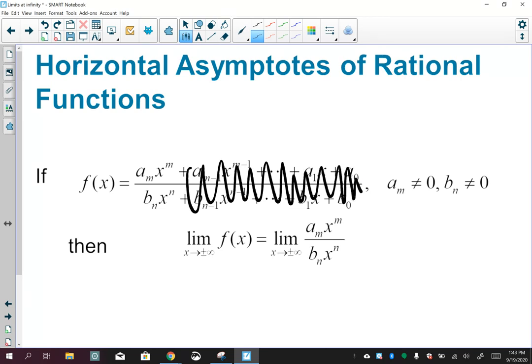All we care about is our lead exponent in the front. We want the highest exponent on the top and the highest exponent on the bottom. And that's why we only focus on this piece right here, because this is going to tell us what our graph is actually going to wind up doing.